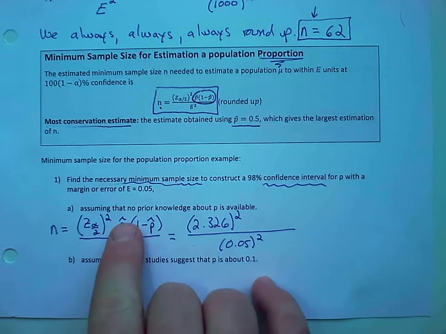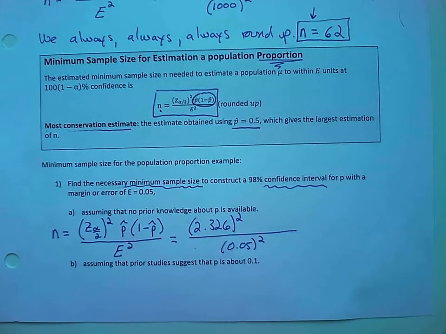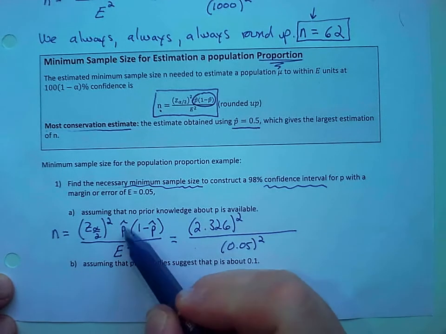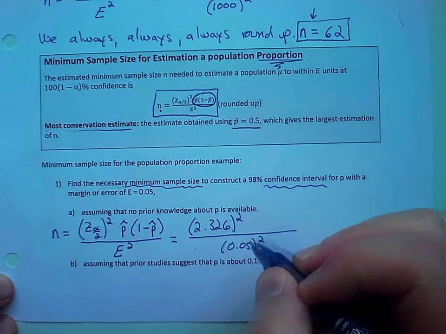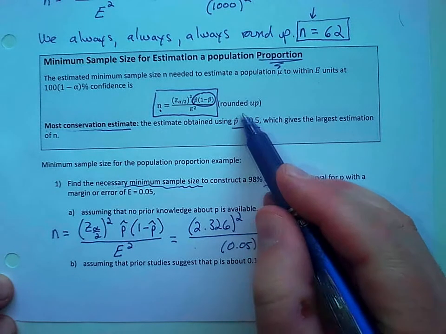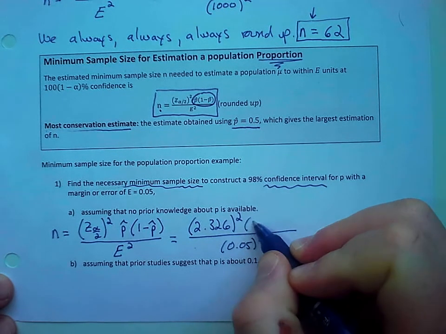So here it's telling us that we have no prior information about what our population parameter, our population proportion p, could be. So we don't have an estimate of what p is, or we don't know what p hat is. And whenever we don't know what p hat is, we're going to use p hat equal to 0.5.